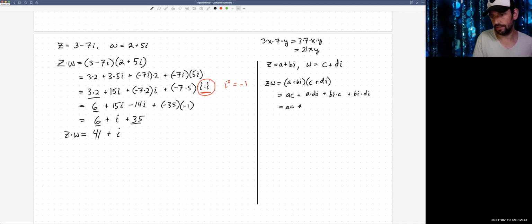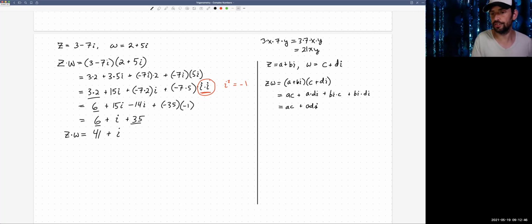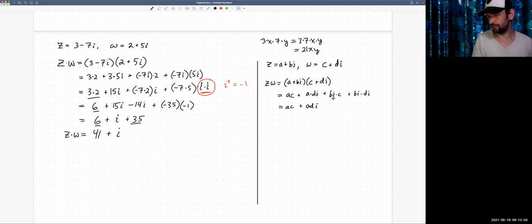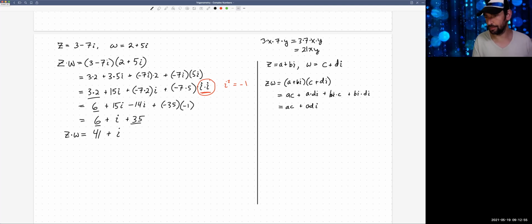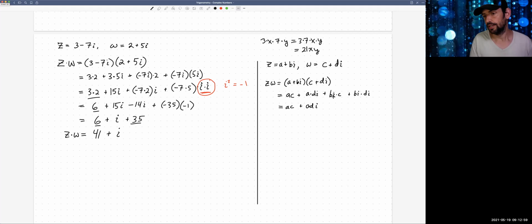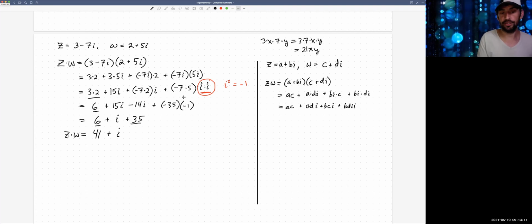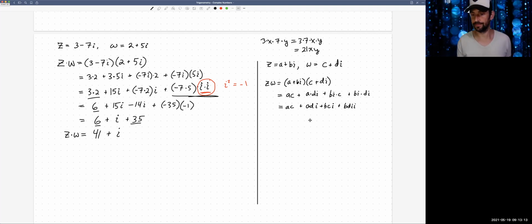I've got ac plus, I'm going to rewrite this, subtly changing the association a little bit, adi. I'm going to rearrange this one just like we did over here where we reordered some of the numbers, right? I'm going to move the c between the b and the i. So we'll get bci. And then here I'm going to move the bd together and we have an i times an i, right? So that's like this one here.